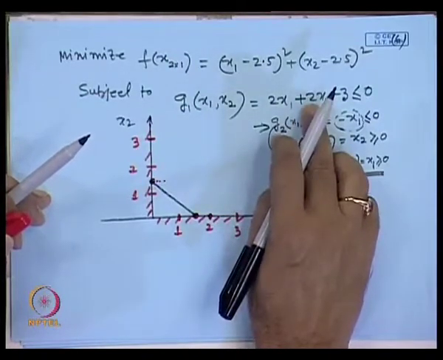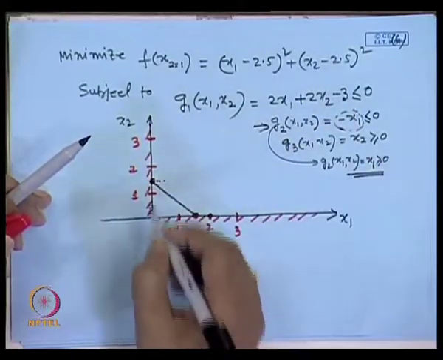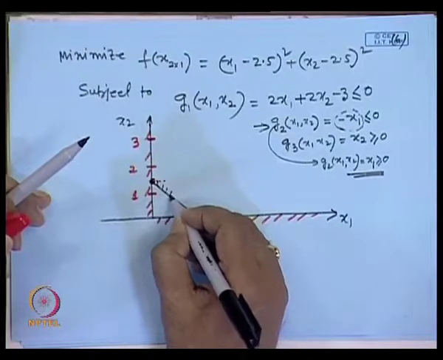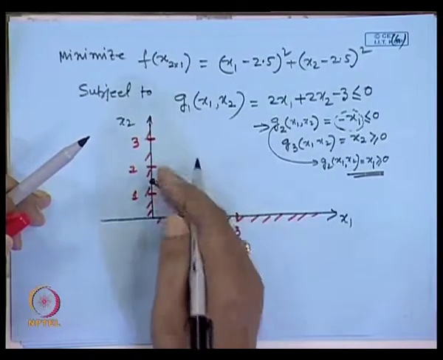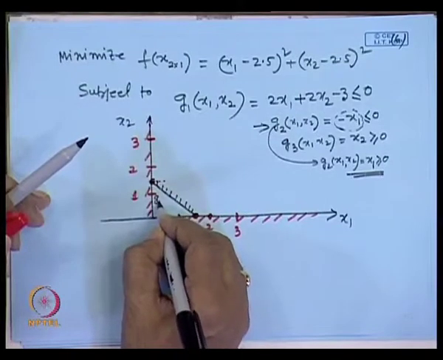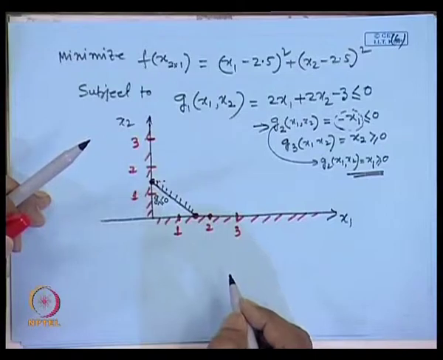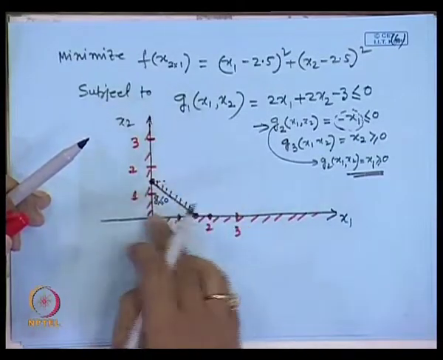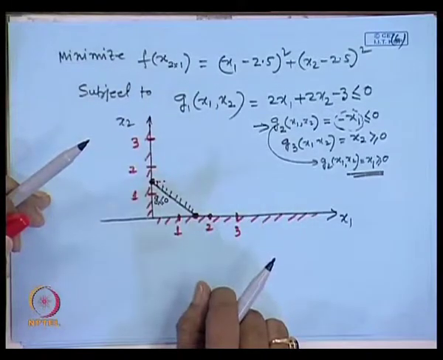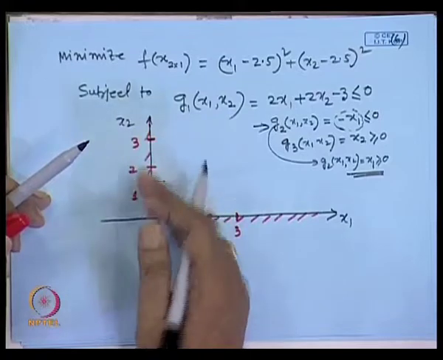That means in this region G 1 is less than or equal to 0. When G 1 is equal to 0, that is on the line. When G 1 is less than 0, that means in this region.